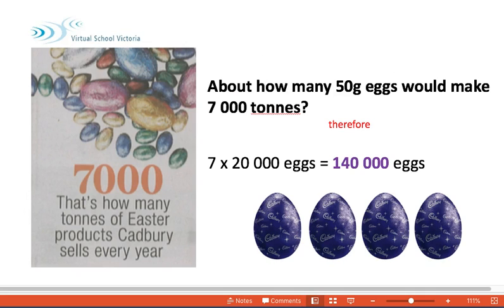And then we have got to multiply that by 7, because 20,000 eggs are a tonne, and 7 times that for 7 tonnes is 140,000 eggs. Now, that is quite a lot of eggs for anybody.